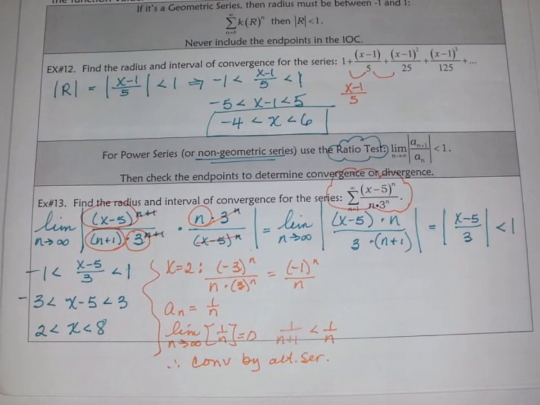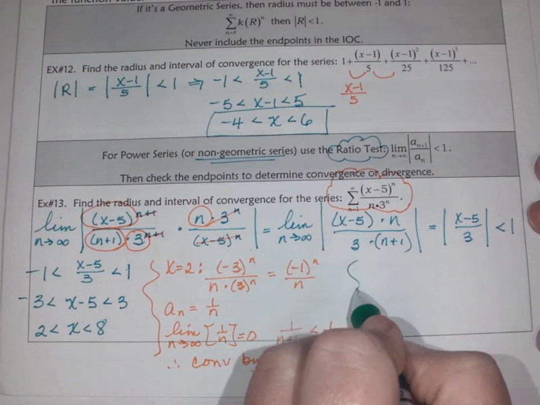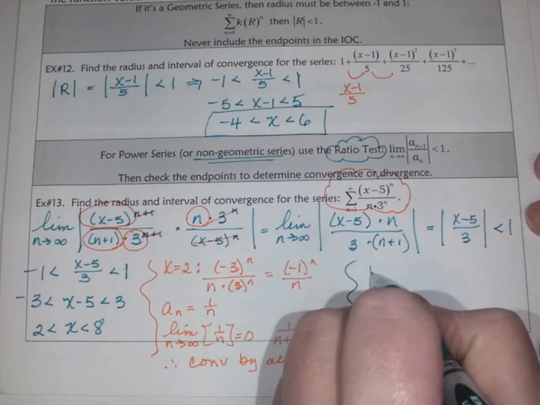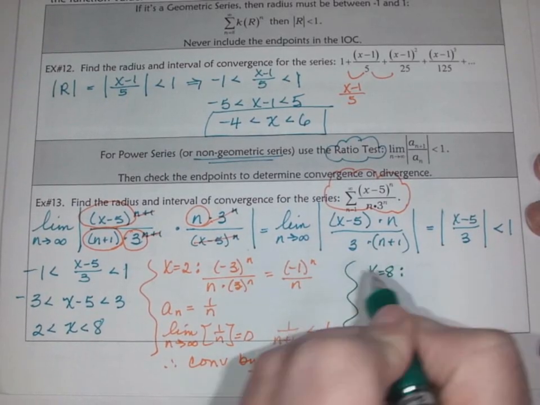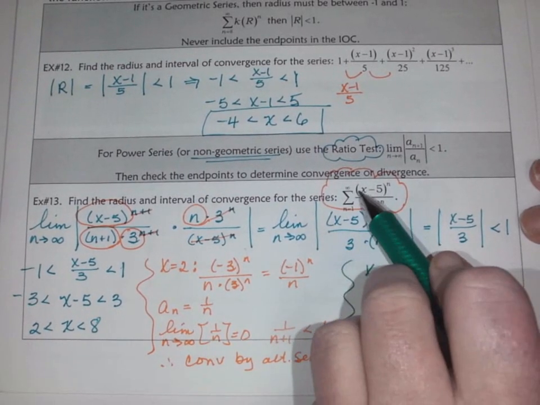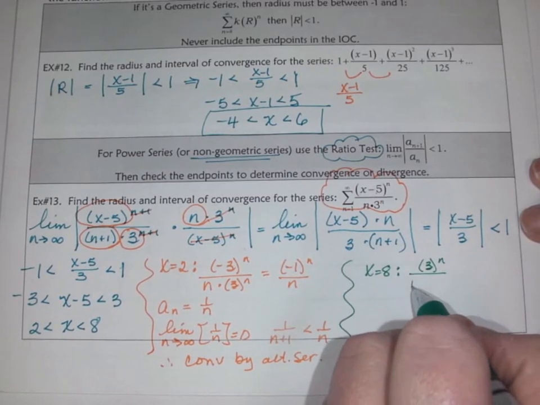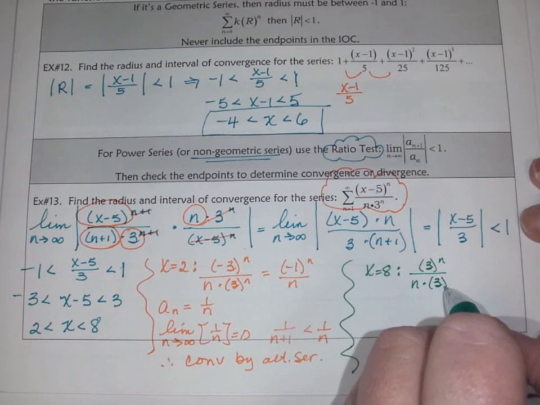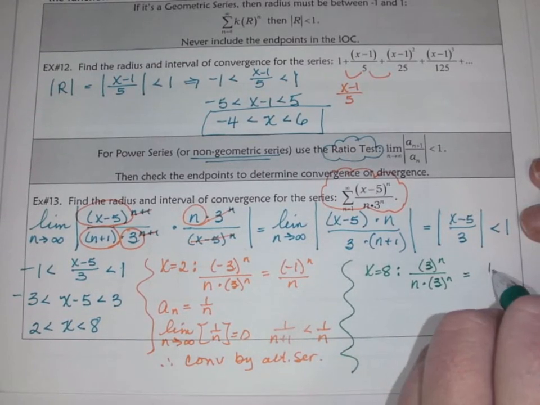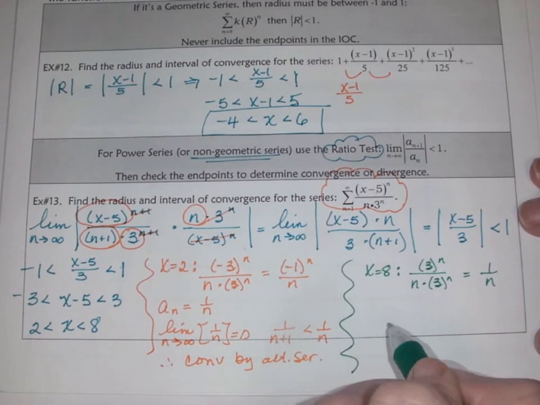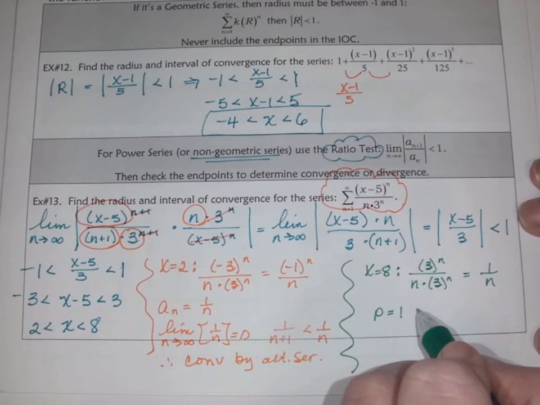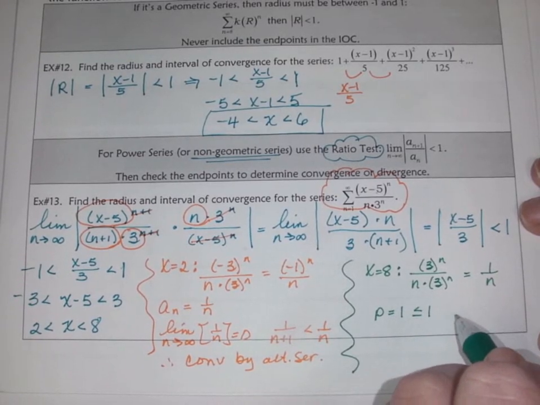Okay, now we've got to check our next endpoint, which is at x equals 8. Well, when we do 8 minus 5 is a positive 3 to the n over n times 3 to the n. Now that leaves me with just 1 over n. Well, that's a p series, so p is equal to 1, which is less than or equal to 1.